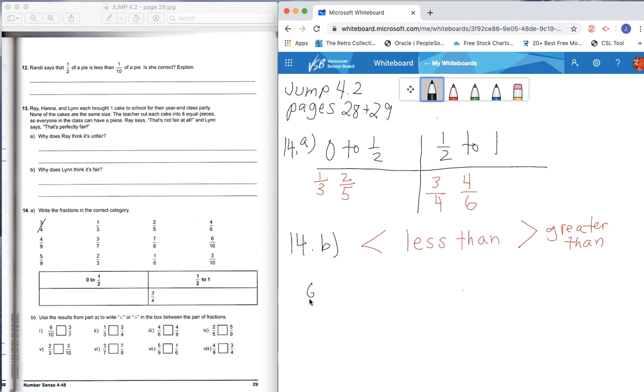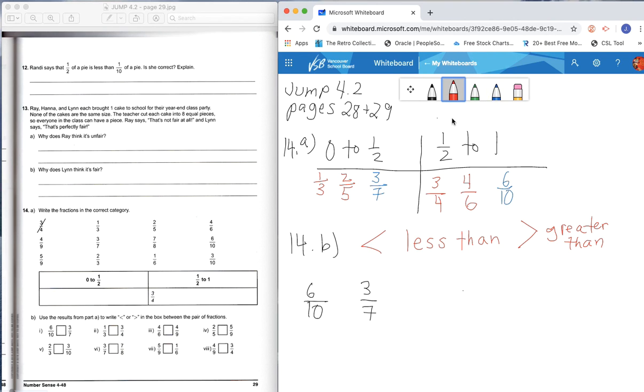Okay, so we have 6/10 and 3/7. Okay, so you're gonna look at your column, your table from 14a, and you're gonna find where 6/10 and 3/7 are. So I'm gonna write it here for you. So 6/10, you should actually have it in this column, and 3/7 you should have it in this column.